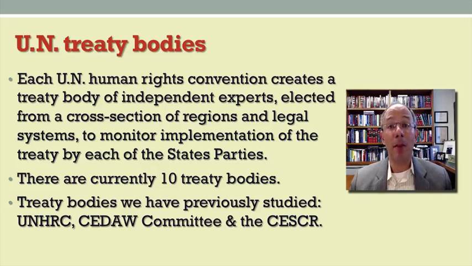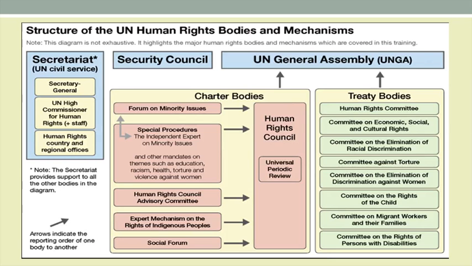Let me give you a schematic overview that will provide a way for you to understand the place of the treaty bodies within the United Nations human rights system. You see in the rightmost column the list of some, not all, of the treaty bodies, and the ones we've studied before I'm now checking off. And these bodies all perform quite similar functions.